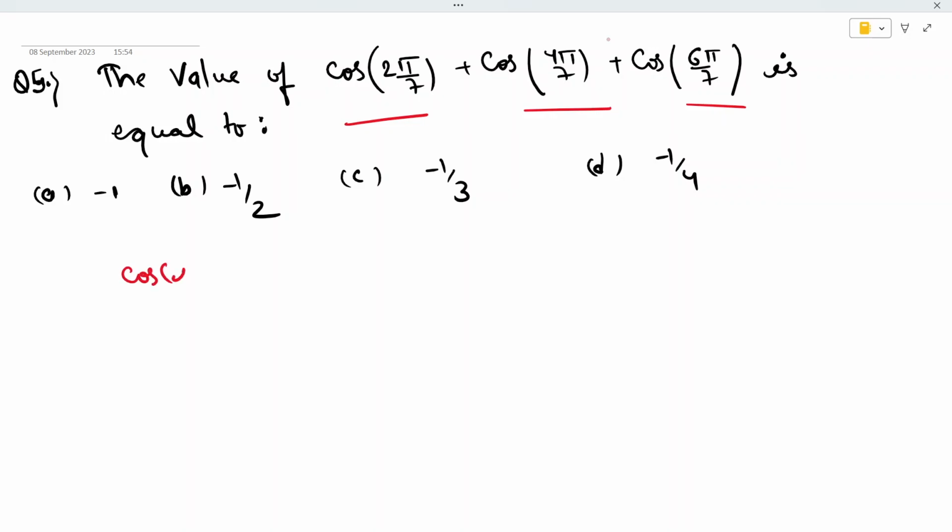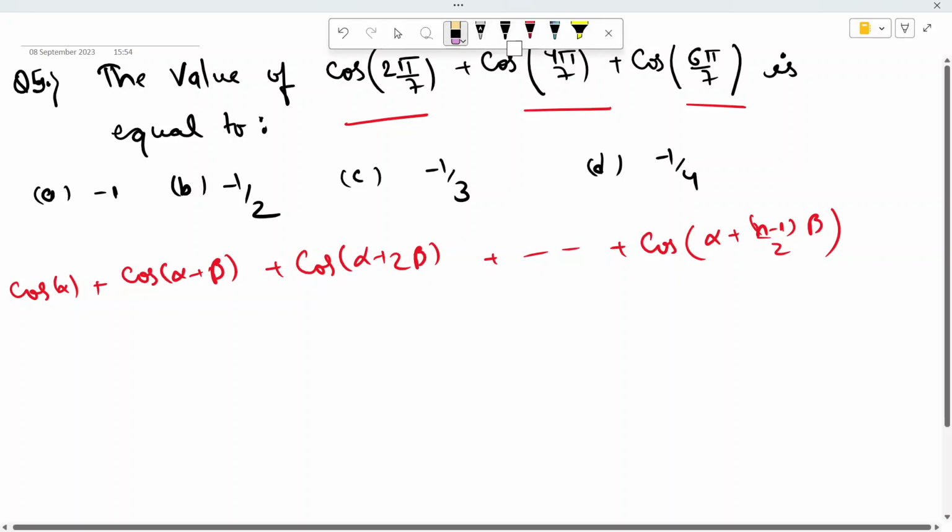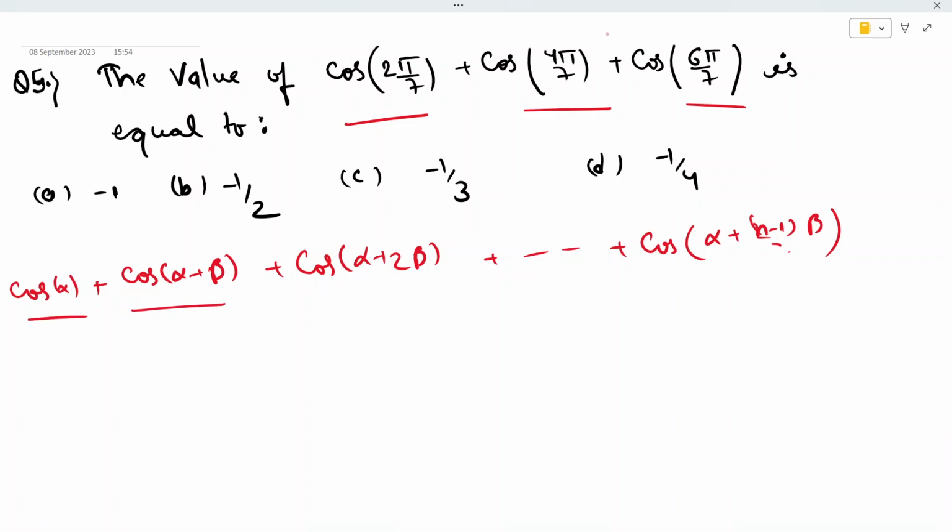If you have cos alpha plus cos(alpha plus beta) plus cos(alpha plus 2 beta) plus dot dot dot plus cos(alpha plus (n minus 1) beta). So we know here we have n terms, because here beta is the common difference.